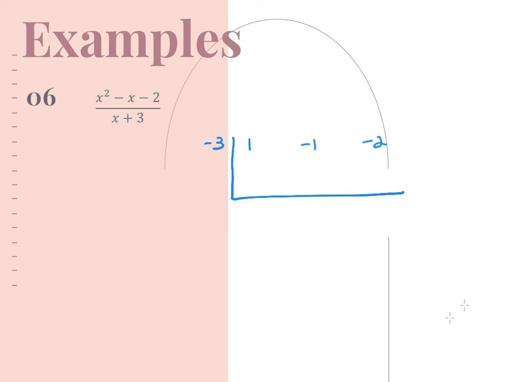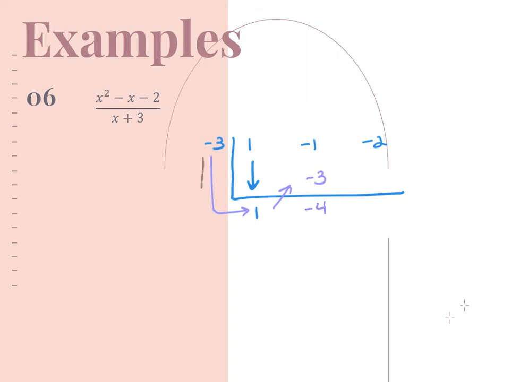Step 1, bring down the 1. Then we multiply what's on the outside by the bottom. -3 times 1 is -3, and we put it in the next column. And we add -1 and -3, -4.